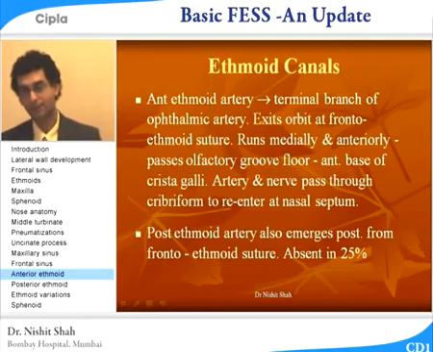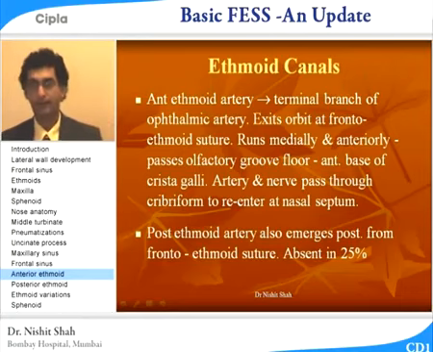From the orbit, it exits at the frontoethmoid suture, runs across the roof of the anterior ethmoid cell usually in a bony canal, and passes through the olfactory groove floor in the anterior base of the crista galli, goes intracranially, curves around, and then re-enters through the cribriform into the nose to supply the nasal septum.